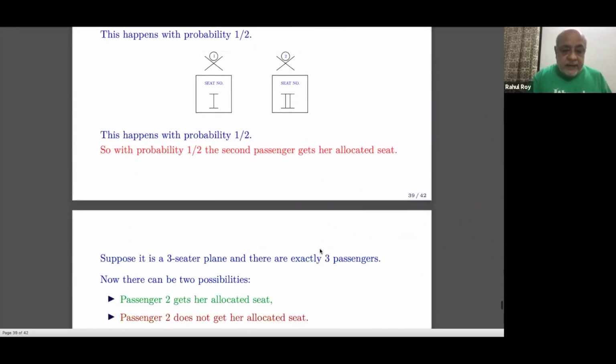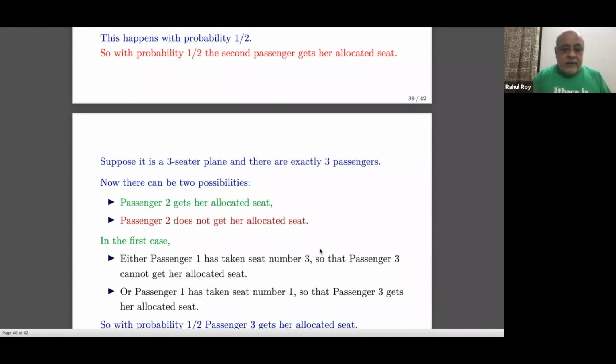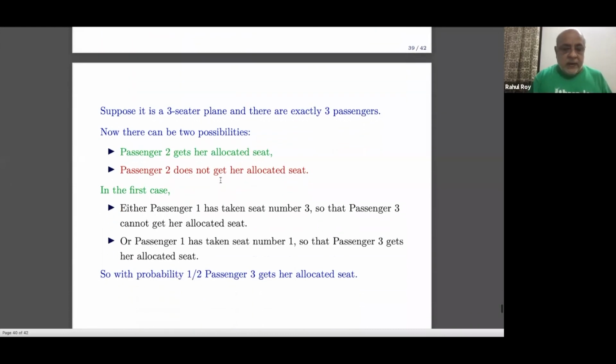What happens in a three-seater plane? So there's a three-seater plane and there are exactly three passengers. Now there are two possibilities. Let's look at passenger 2. Passenger 1 has lost his boarding pass and is sitting on a random seat, which could be his own.